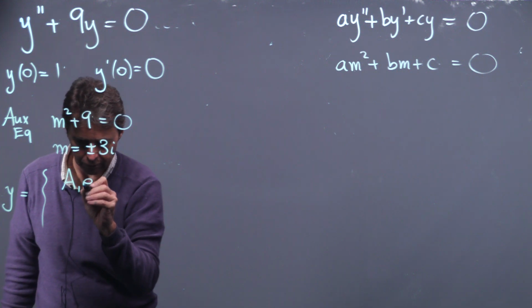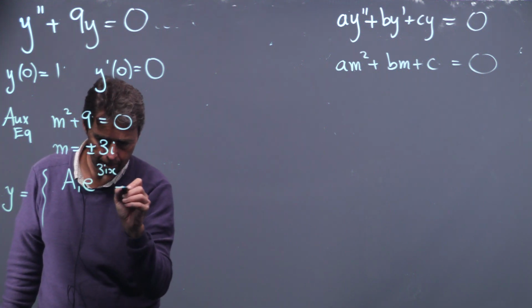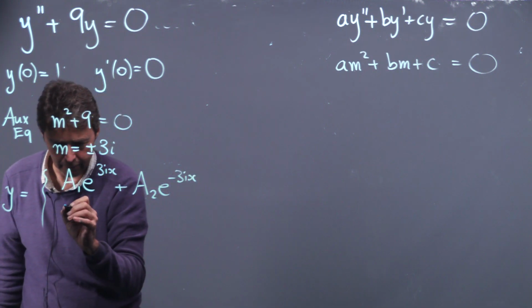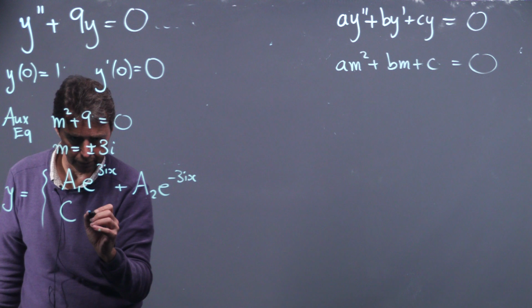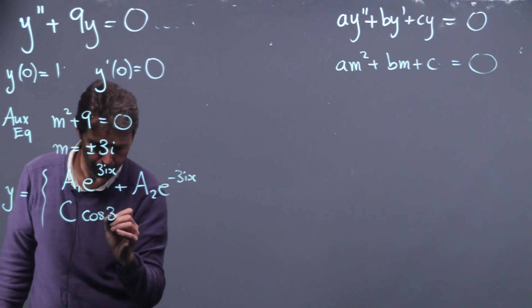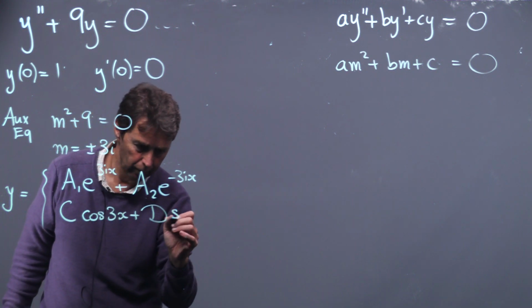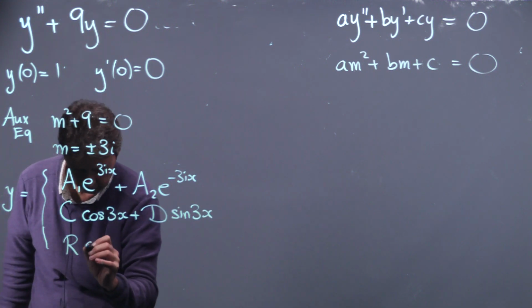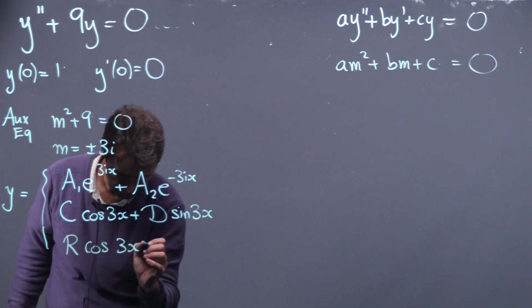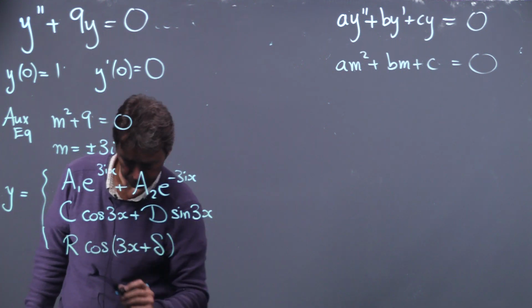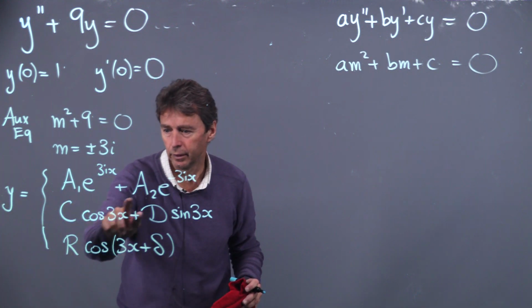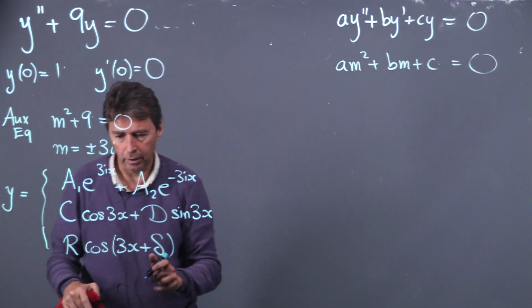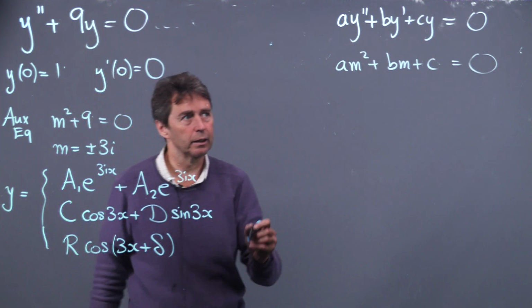So there's the complex version, and then there's the one with simple sines and cosines, and then there's that other one where you've got a single cosine, for example. A1, A2, C, D, R, and delta are all arbitrary constants. I'm not going to use the last one. Let's just quickly have a look at the first two.